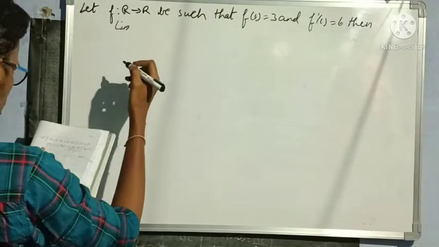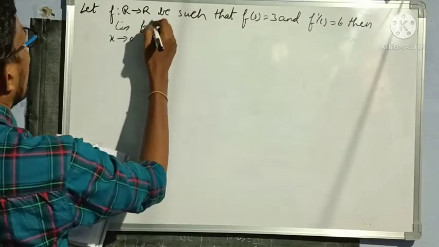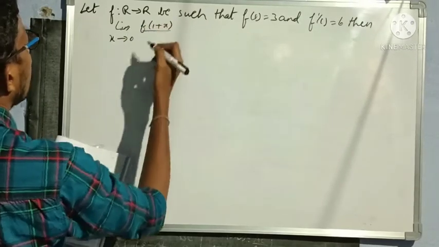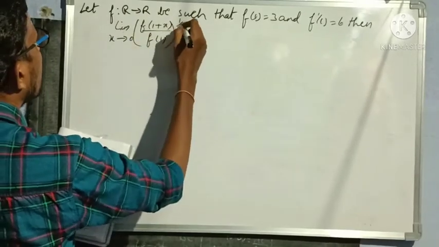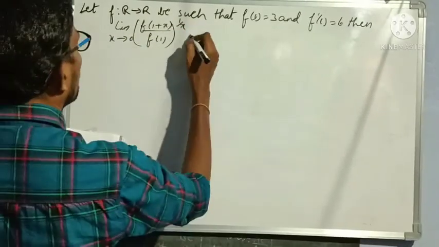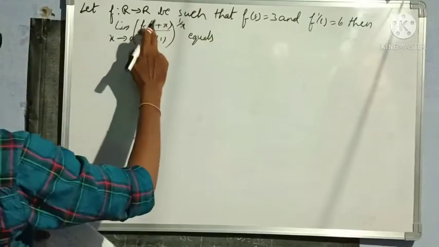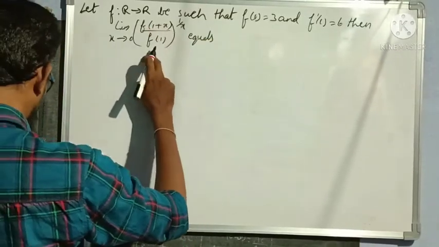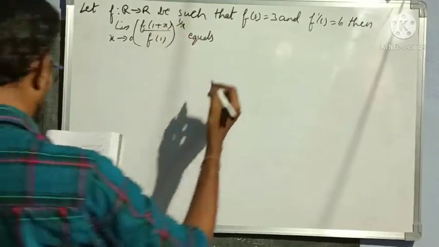limit x tends to 0, f of 1 plus x by f of 1 whole power 1 by x equals. So what is the value of limit x tends to 0, f of 1 plus x by f of 1 whole power 1 by x, we have to find out.